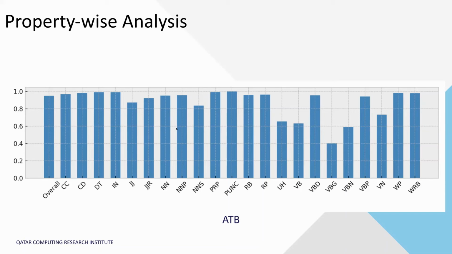As we can see, most of the tags have high performance, except some of them here. For example, some forms of the verb have very low performance. Also, these ones here are a closed class, for example the preposition or pronoun and so forth.